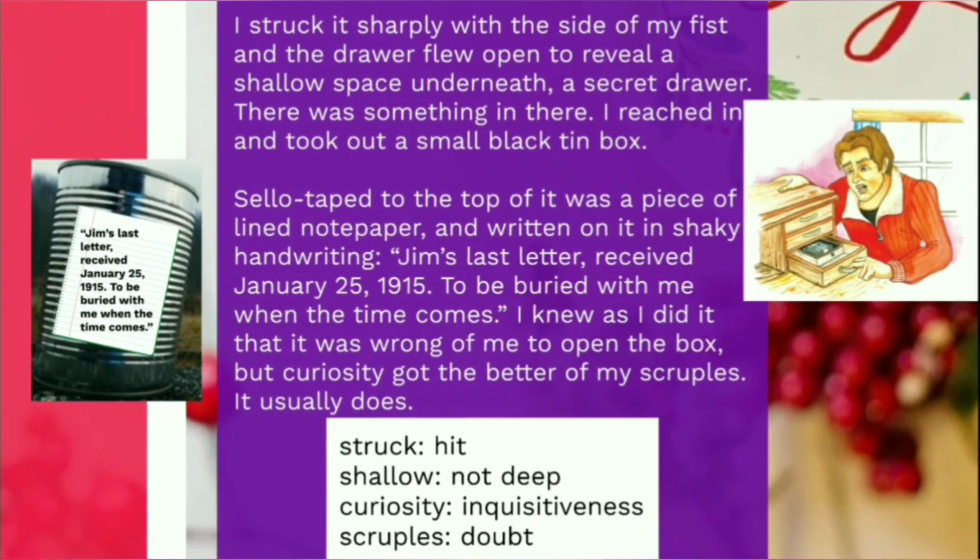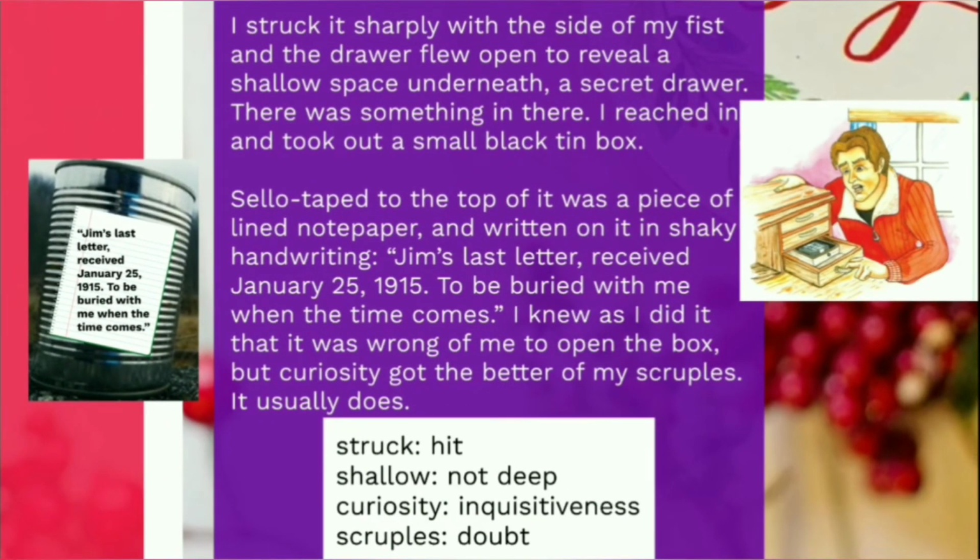This makes the narrator curious. Curious means eager to find something out. This curiosity or inquisitiveness makes him forget his doubt as he opens up the box. So, why was he in a doubt about opening the box? Because it was someone's personal letter and he had no right to read someone's private conversation. But the narrator wanted to find out who this letter was addressed to.